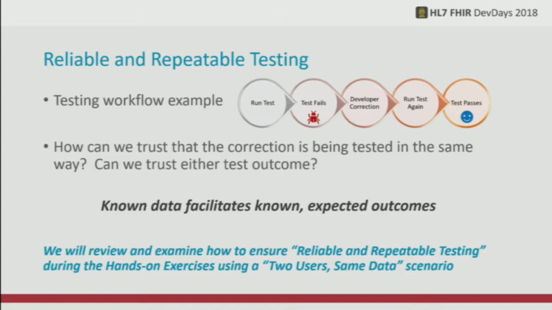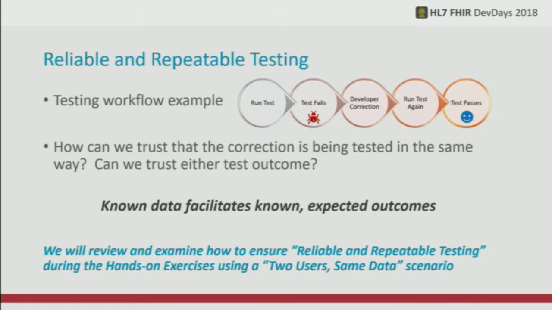One of the really important aspects of testing is the concept of reliable and repeatable testing. The workflow we go through typically follows this paradigm: you run a test, it fails, you go back to the developer, they correct it, redeploy, and then you run the test again and hopefully it passes and everything's good.